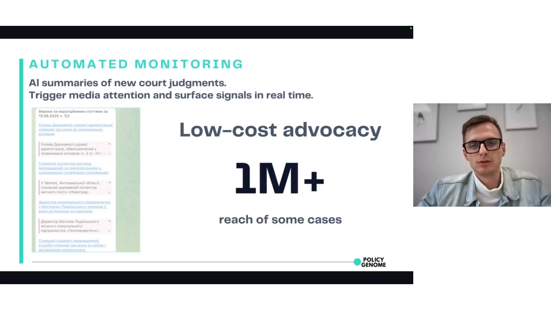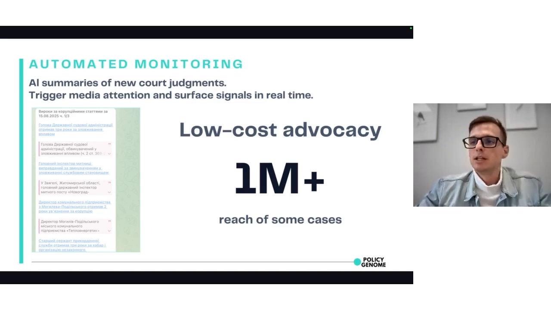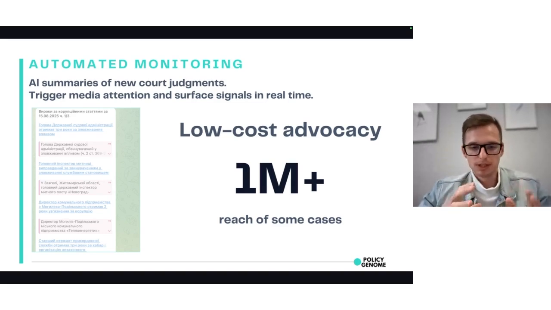But you can have a monitoring system on a specific matter that is interesting for your job, for your editorial, and so on. The tool that we've created is used by MPs, by ministries, by journalists, and some cases have more than 1 million reach. This is like putting a motion detector in some big archive that signals you when something interesting happens specifically to you. This is the first layer.